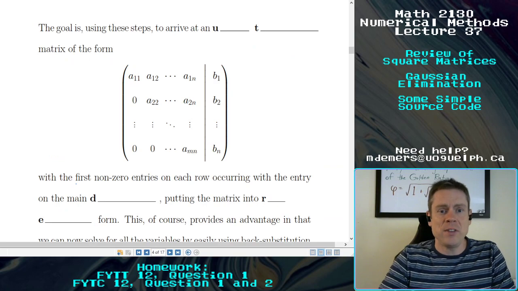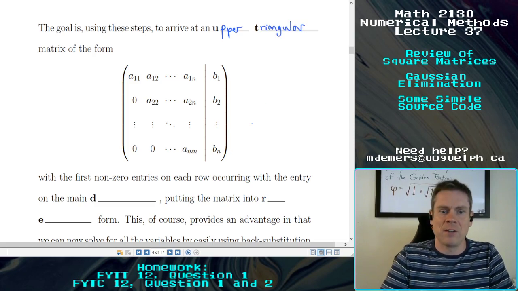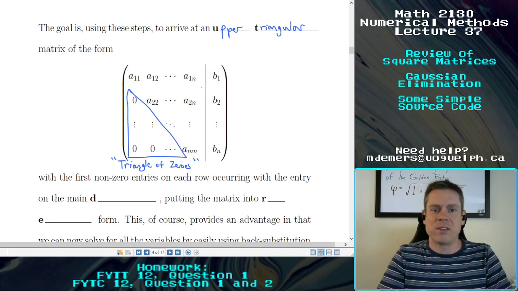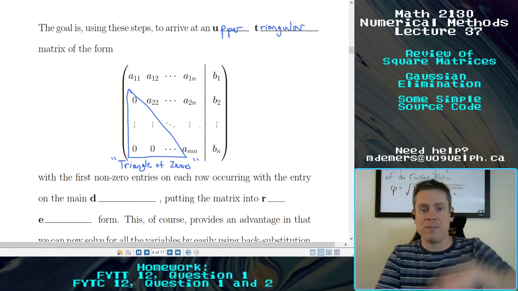The goal using these steps is to arrive at a UT, an upper triangular matrix of this form. So you have this triangle of zeros right here. And of course, the benefit of that is that, if you think about what this means, there's a multiplication involved here.